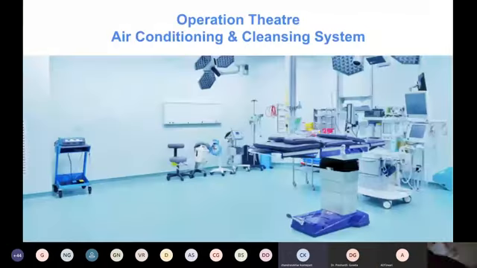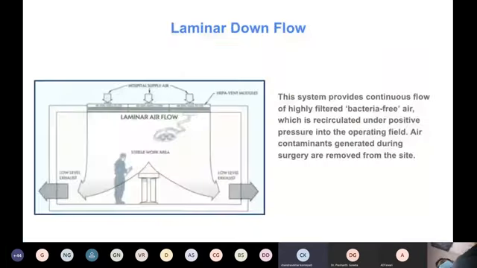Coming to operation theaters and air conditioning cleansing systems, laminar flow stations, which universally everybody knows in the operation theaters. So there are many kinds of it. Actually, having a proper survey over the hospital, then the flow of air has to be decided. It cannot be like a thumb rule.